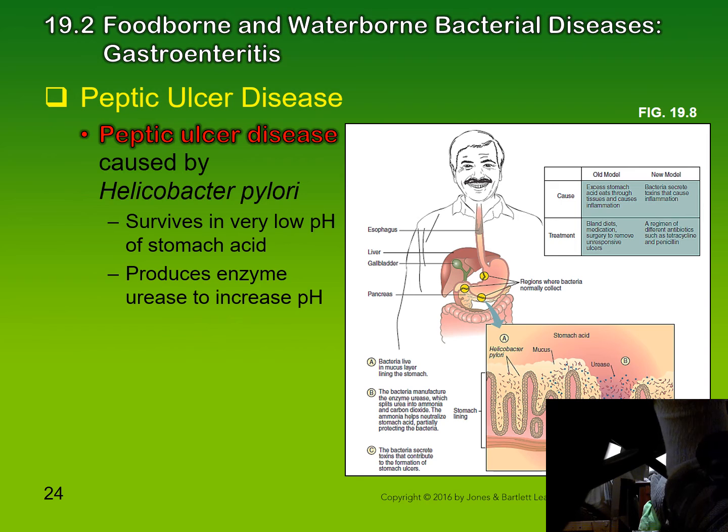Helicobacter pylori can raise its own pH around it by excreting the enzyme urease, which will increase the pH from that very, very low acid that's in the stomach.